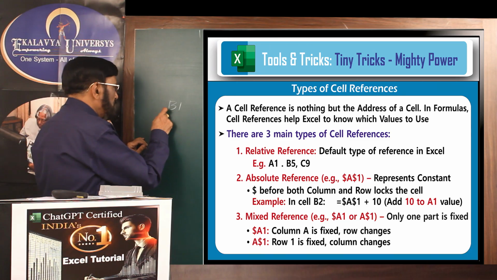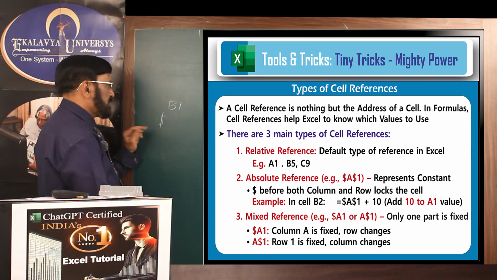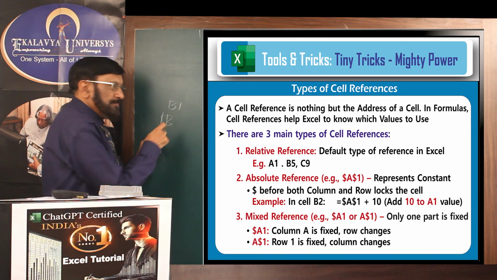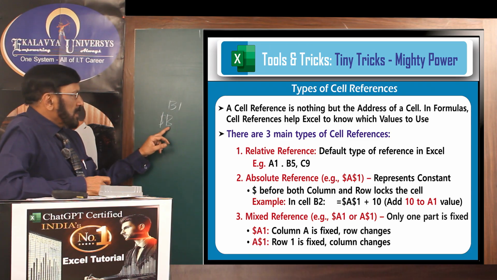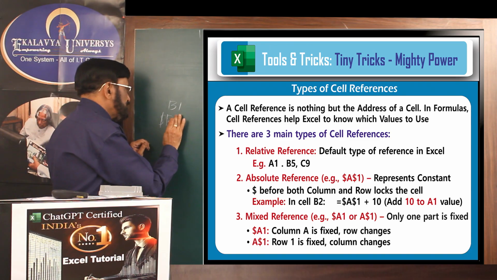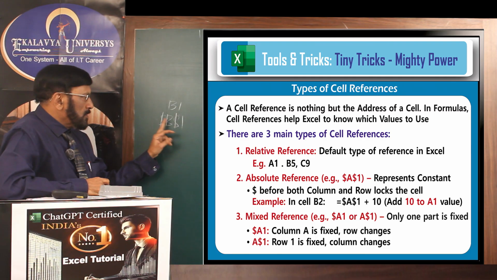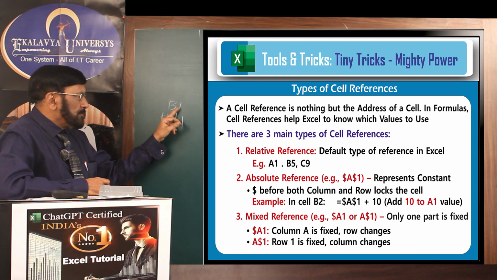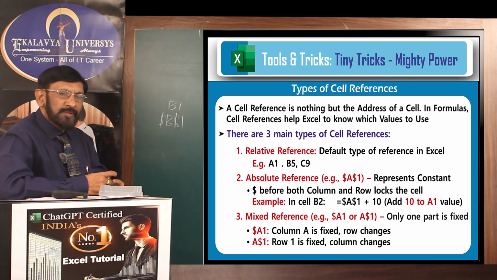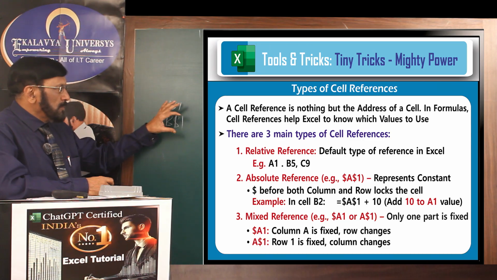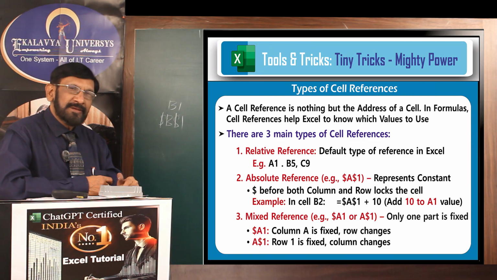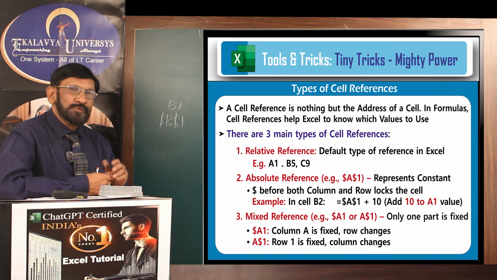Then what you have to do? You write the $ symbol first, then B, which means you are locking the column. Next, $1, locking the row. So instead of writing relative B1, you write $B$1. By that, you define it as a constant. So this is commonly used.